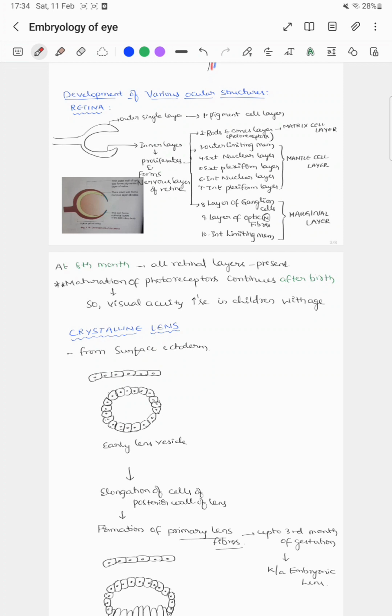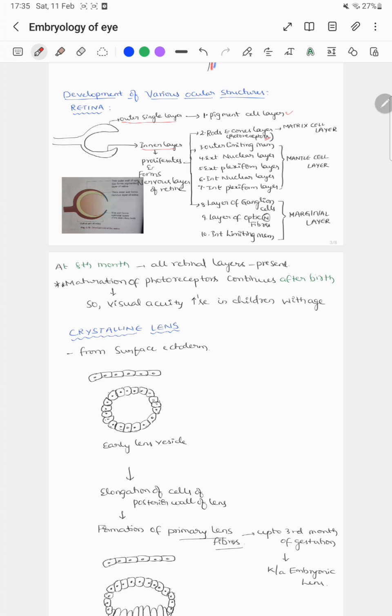At first, let's discuss the retina. We know that the optic cup has an outer single layer and an inner layer. The outer single layer gives rise to the pigment cell layer, and the inner layer proliferates and forms the nervous cell layers of the retina. They include the rods and cones, the photoreceptor layer, that is the matrix cell layer, the outer limiting membrane, the external nuclear layer, the external plexiform layer, the internal nuclear layer, and the internal plexiform layer.